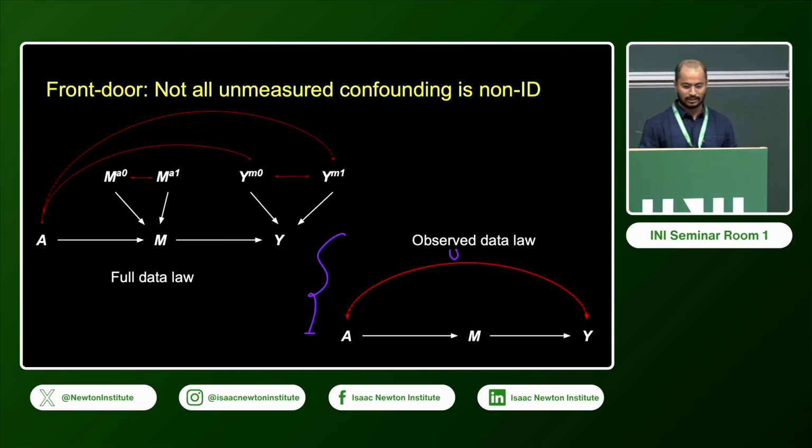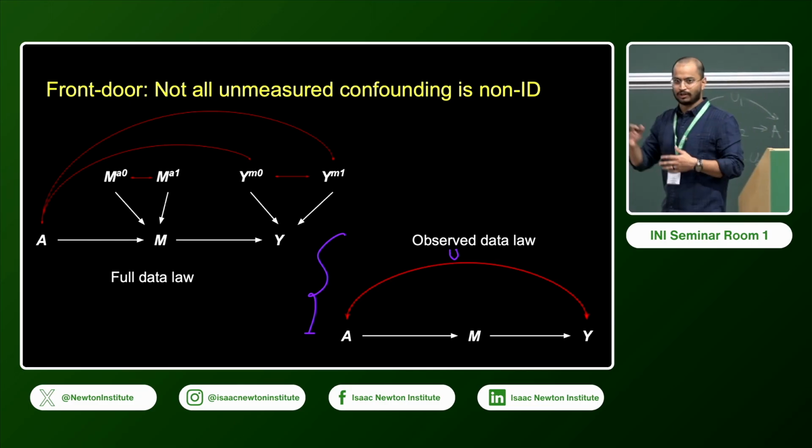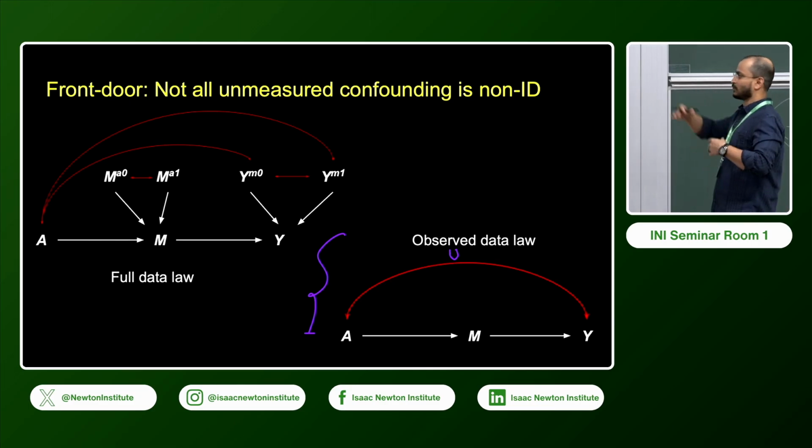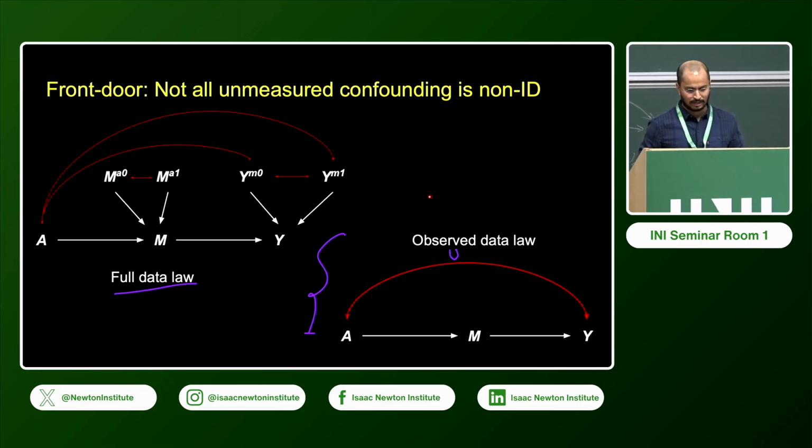But here is what the NPSCM-IE model looks like if I expand the whole thing out and put all of the potential outcomes on the graph. This would be the full data law on the left, and this is the observed data law for the front door model. So what do we have?